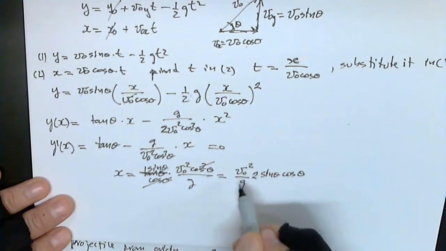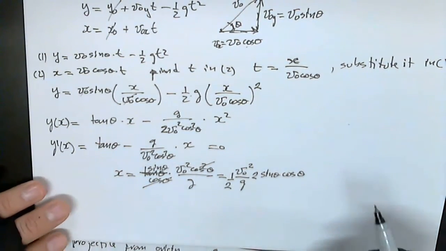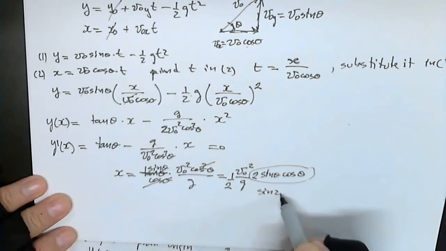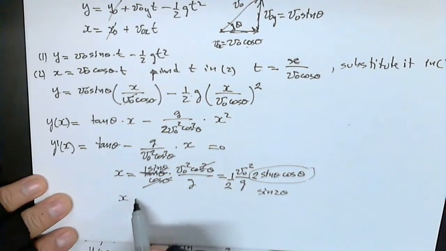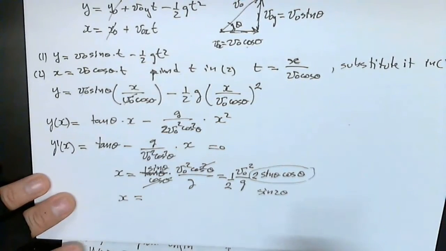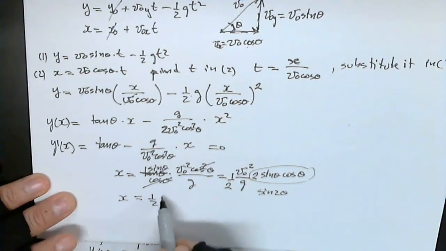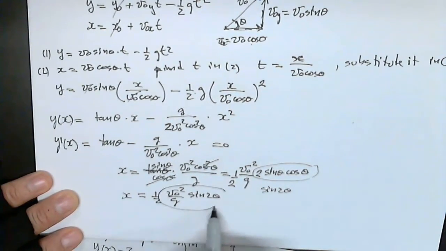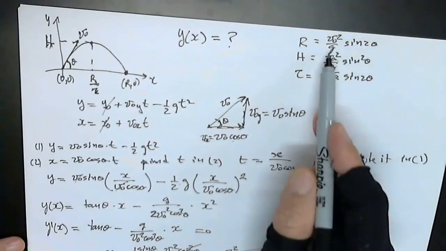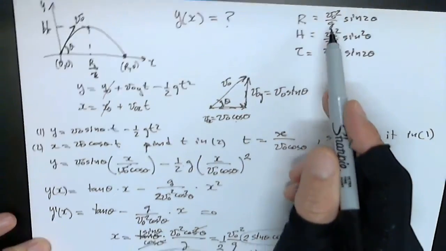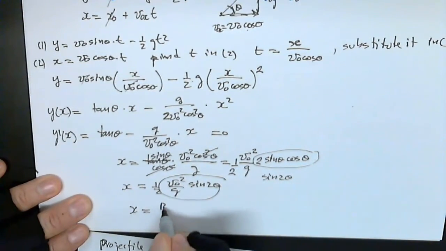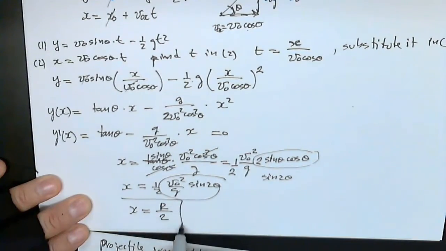We multiply by 2 and divide by 2. This is sine of 2 theta, and indeed the maximum happens at this value, which is r, as expected, half the range.